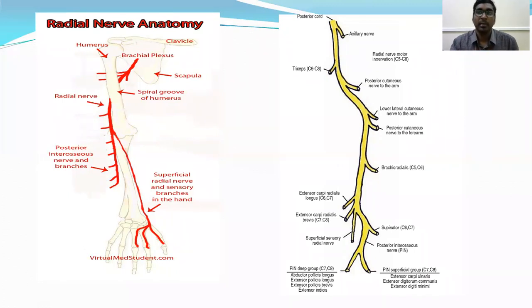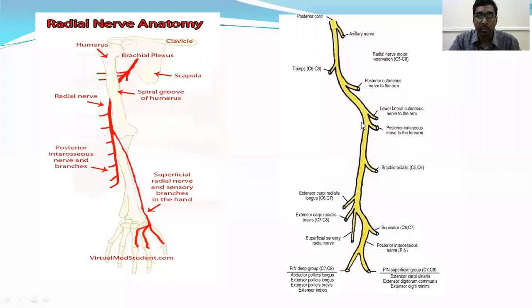At the very high level of the axilla, the radial nerve supplies the long head of the triceps, and it also gives off the posterior cutaneous nerve of the arm.